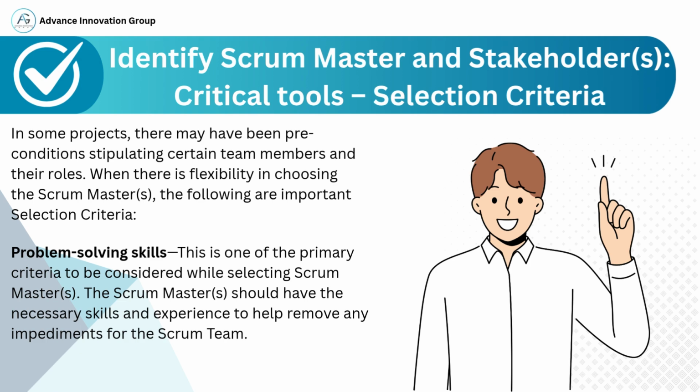The Scrum Master must be capable of identifying and removing impediments that block the team's progress. He or she must have the experience, technical understanding, and interpersonal skills needed to guide the team effectively. The right Scrum Master ensures the team remains productive, motivated, and focused on the Scrum framework.